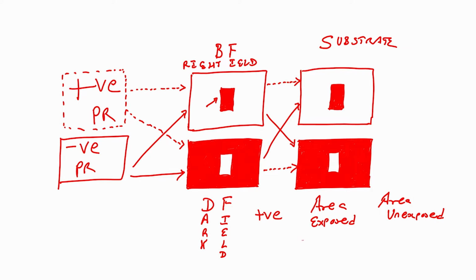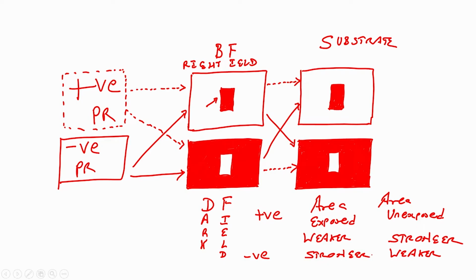So, in case of positive photoresist, the area which is unexposed gets stronger, the area which is exposed becomes weaker. In case of negative photoresist, the area which is not exposed becomes weaker, the area which is exposed becomes stronger, right. Easy, this is very important to understand.